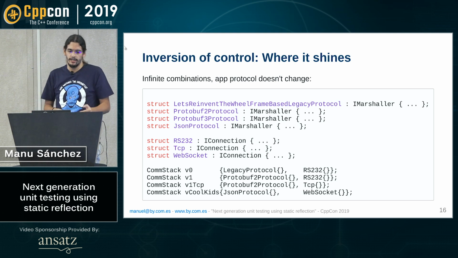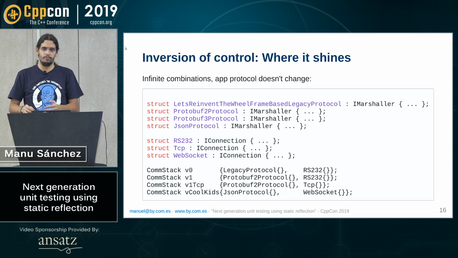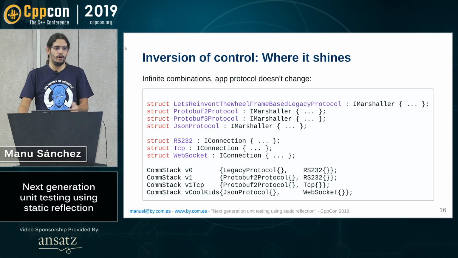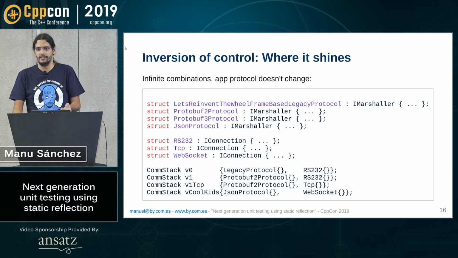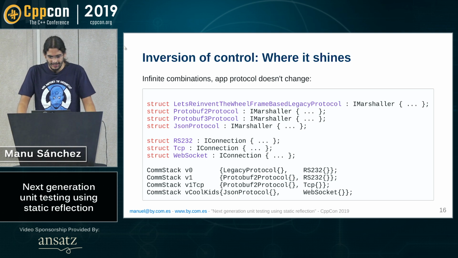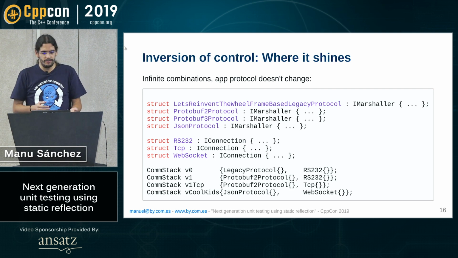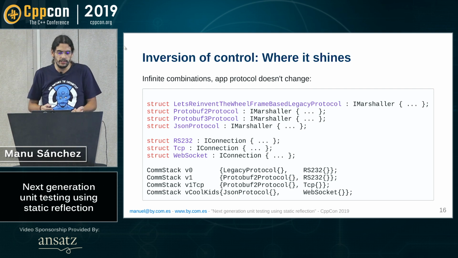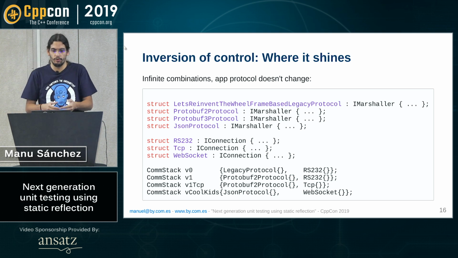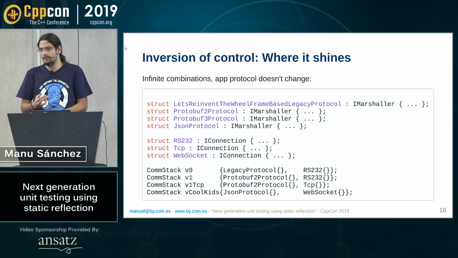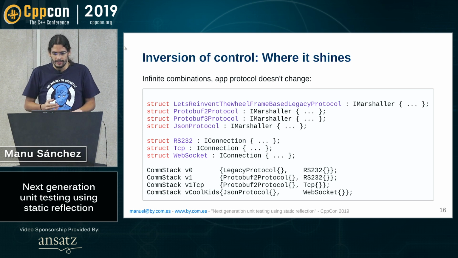So you can have something like this. You can have the legacy implementation of the protocol that somebody brought like 20 years ago in C, following whatever HTTP protocol. You could have a protocol buffers 2 protocol because you decided in version 2 of the application you want to use protocol buffers to stop reinventing the wheel.